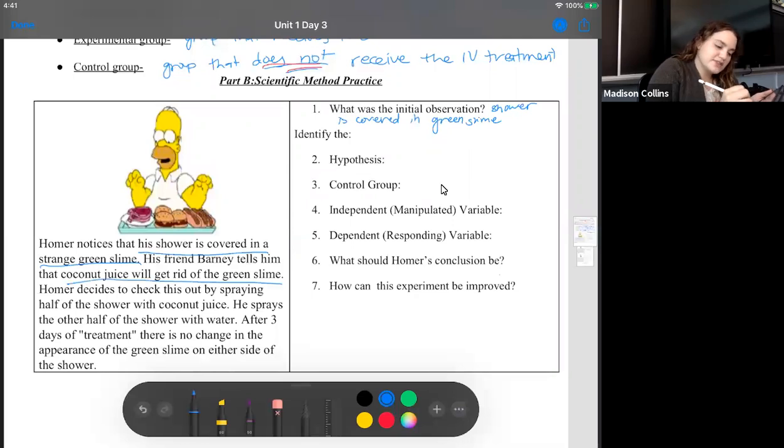So his hypothesis is going to be, if a shower is sprayed with coconut juice, then the green slime will disappear.